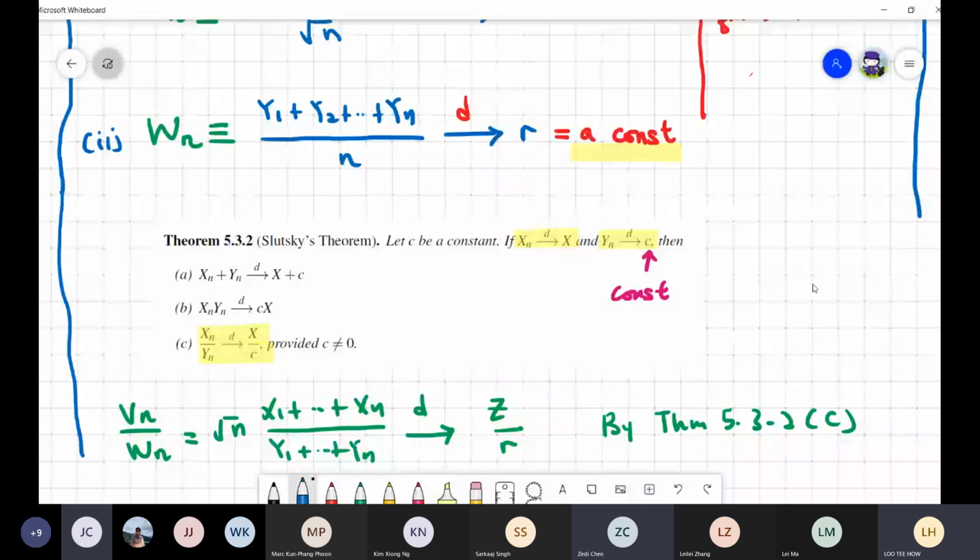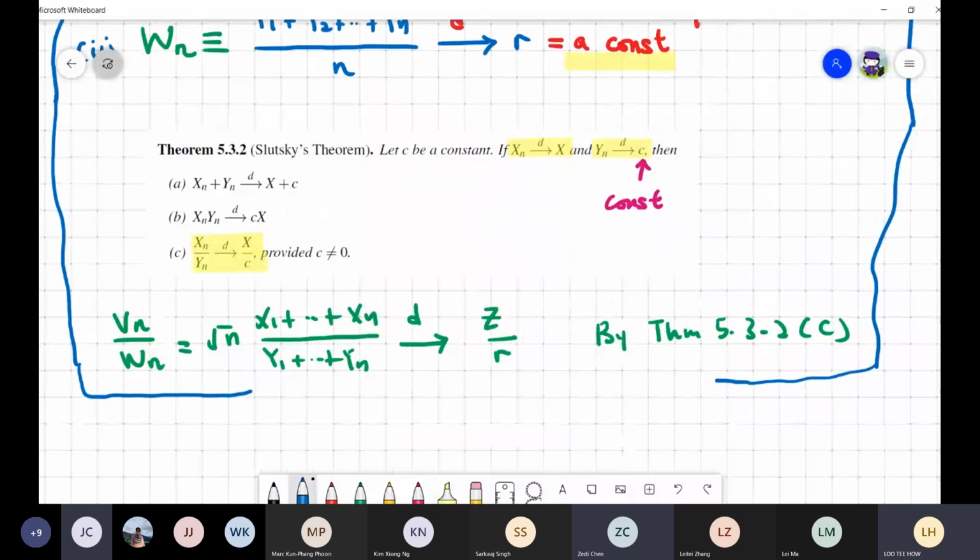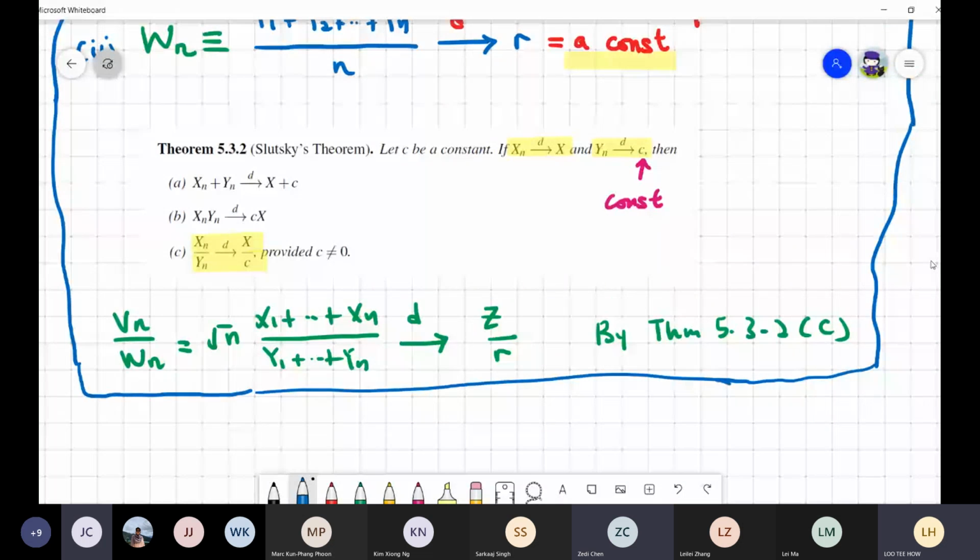So I hope you can get how to solve these questions. Now we can look at the answer. You just need to write down this story nicely and clearly.